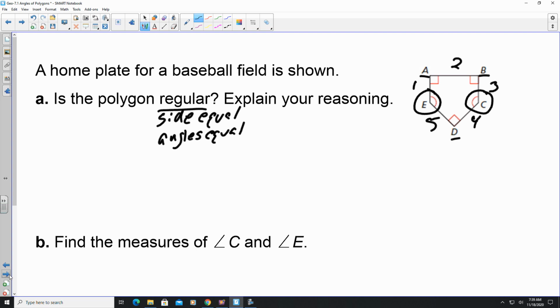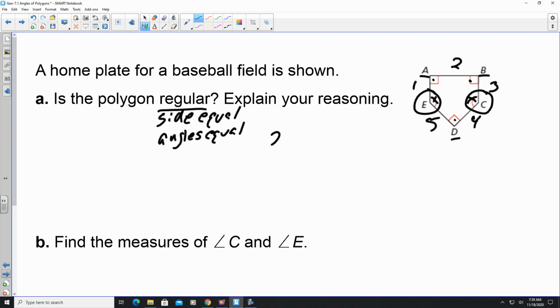With a 5-sided figure, the sum of all 5 angles is 540 degrees. So what we got is 3 angles that are 90. 90 times 3 is 270, and then these I'm just going to make x.